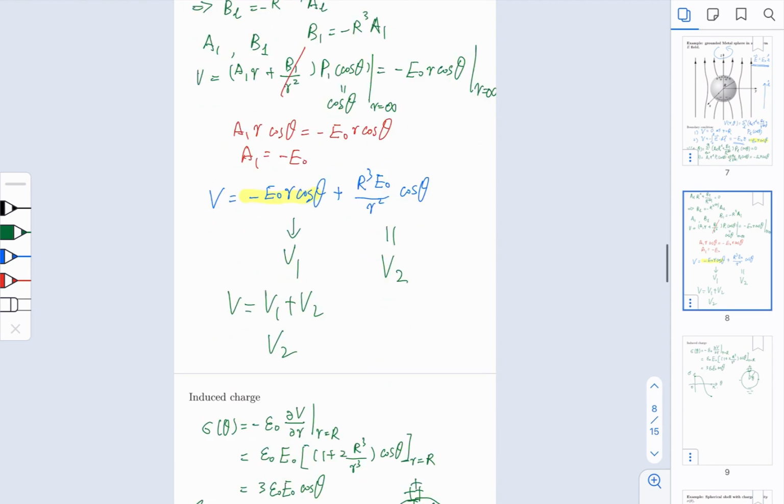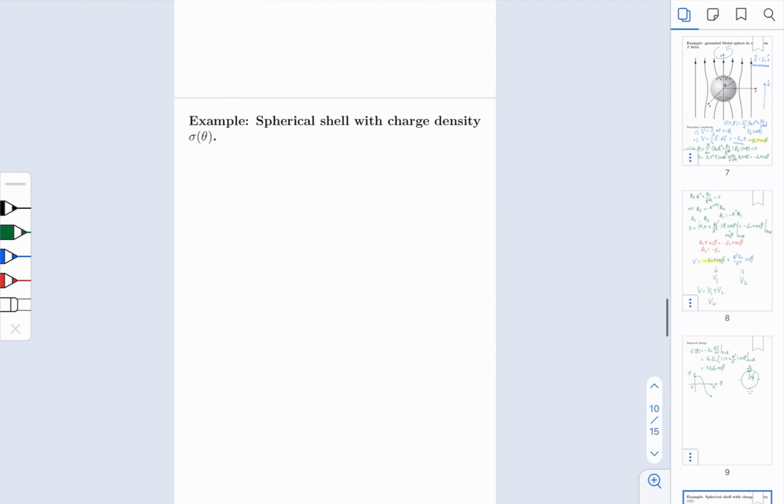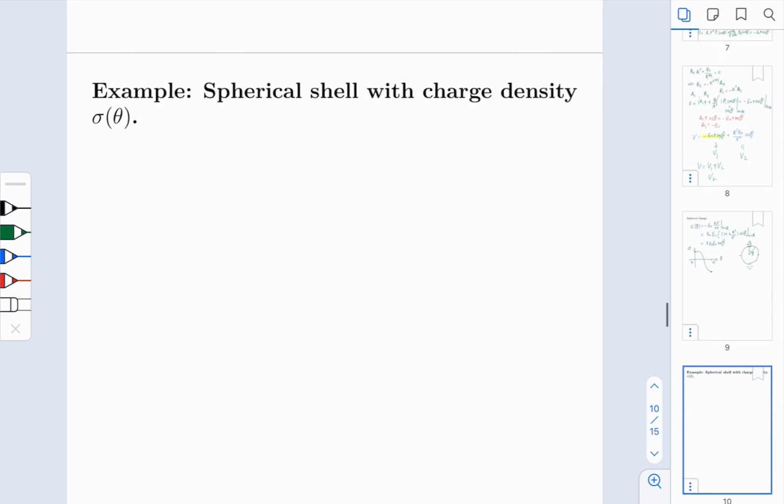Okay, so let's have a look at the last question. The last type of question that you might see is that sometimes the potential might not be specified anywhere. So for this example, you see that instead of specifying the potential, here the charge density distribution is specified.